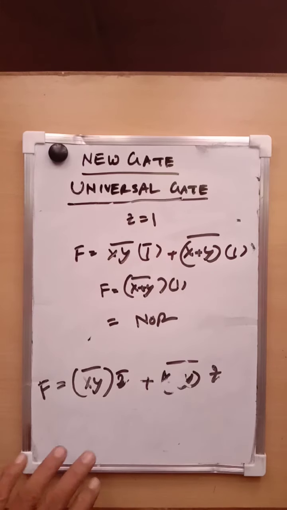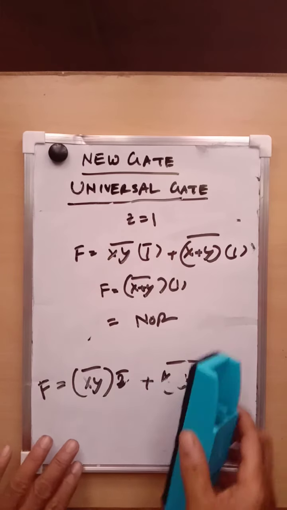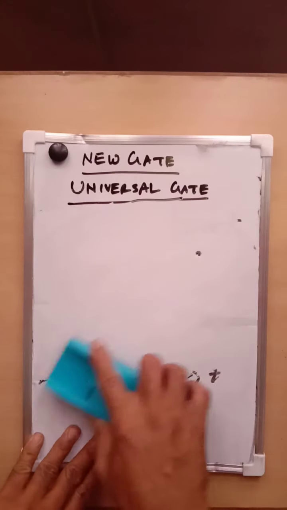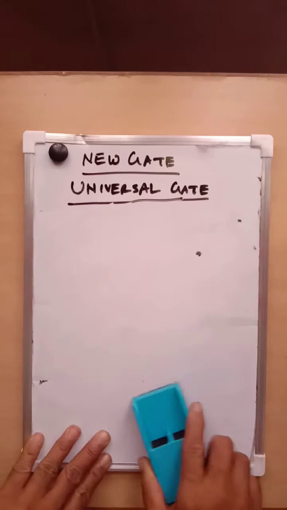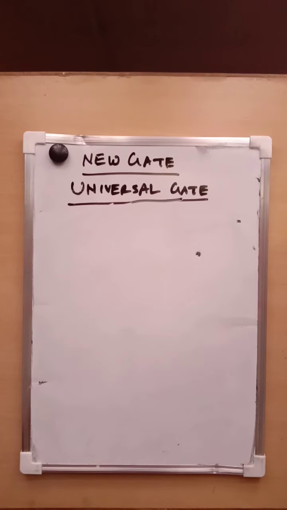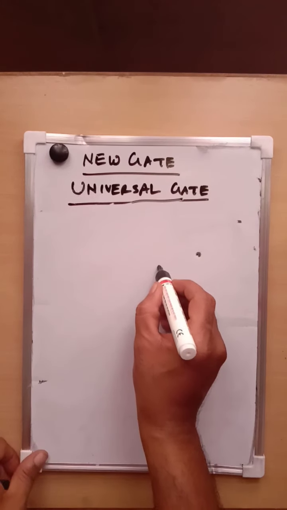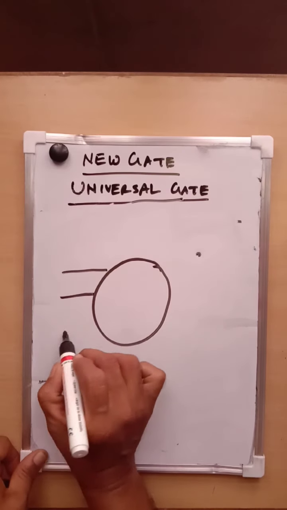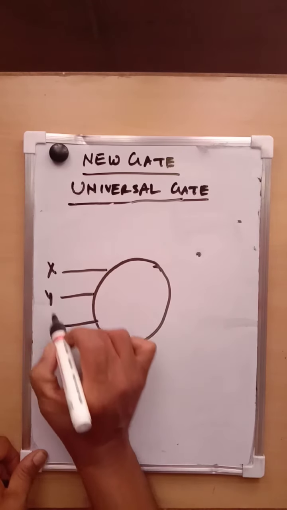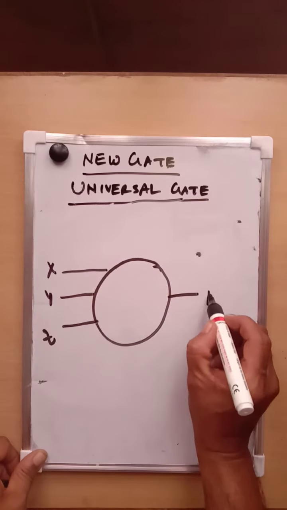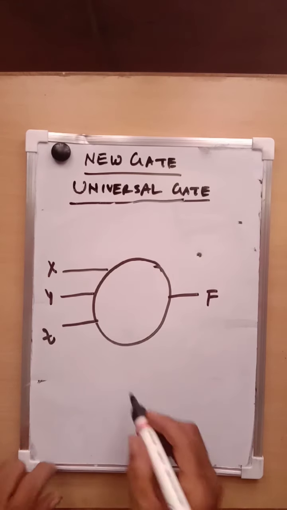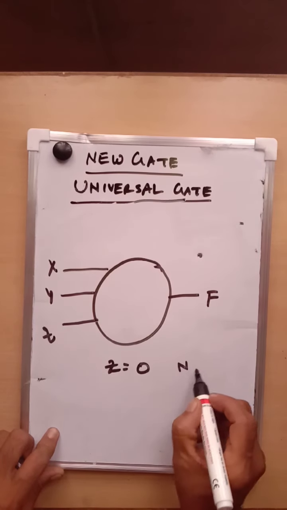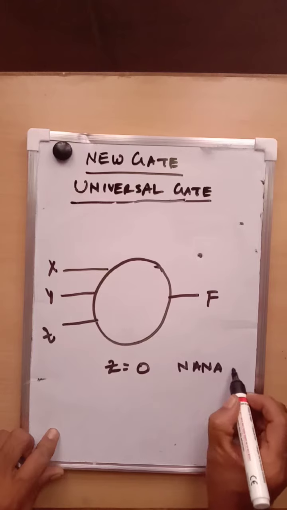So finally, the output depends only on the value of Z. That's why I am representing it with three inputs X, Y and Z, and output F. If Z is 0, F is NAND.